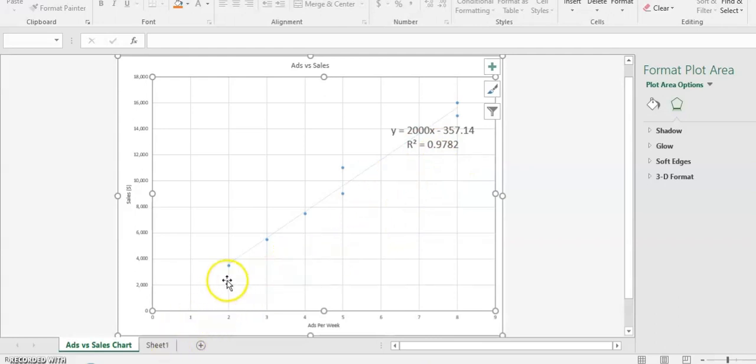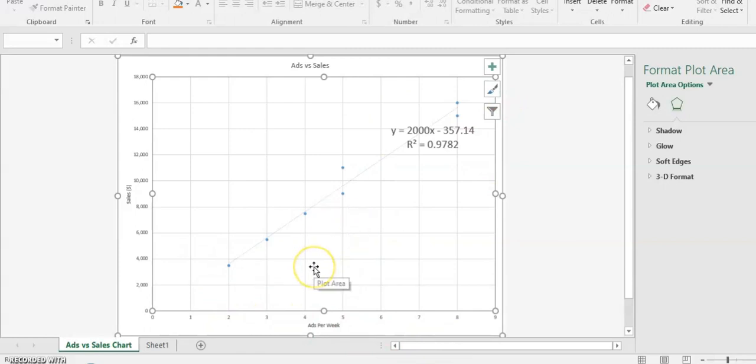I wanted to add as well that our line doesn't go beyond what our data is given. So we weren't given data for less than 2 ads, and we weren't given data for greater than 8 ads. So we can only use this model between the data points that were given, in this case x being 2 to 8.